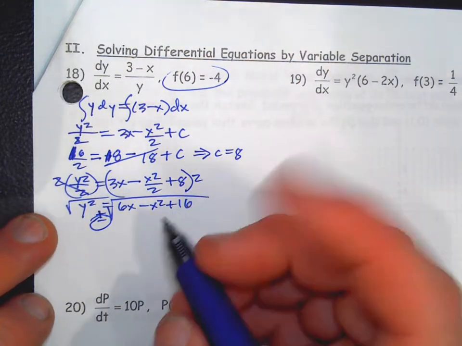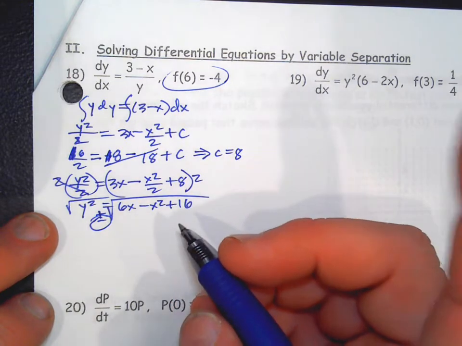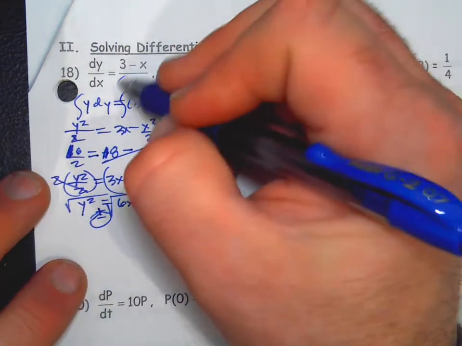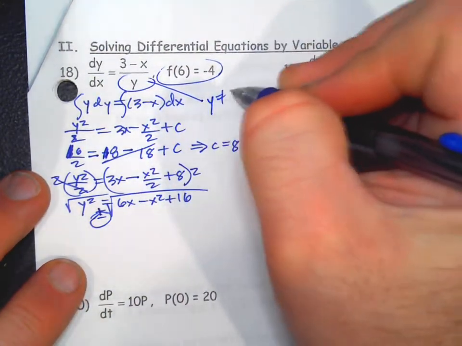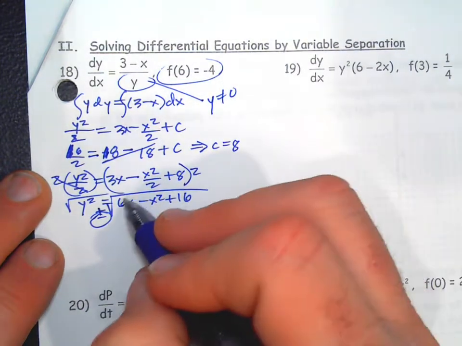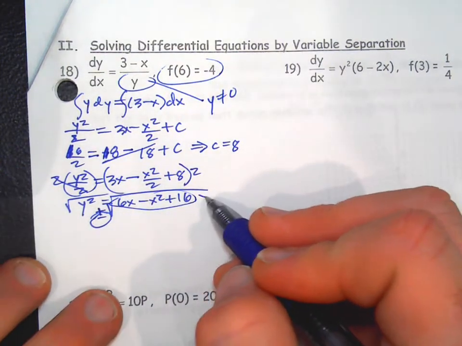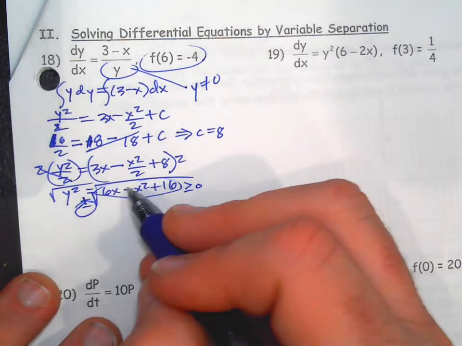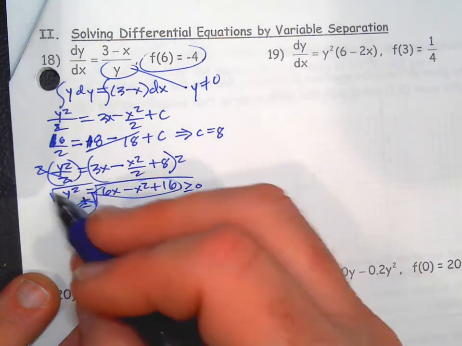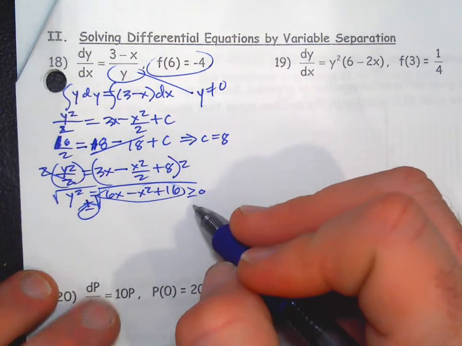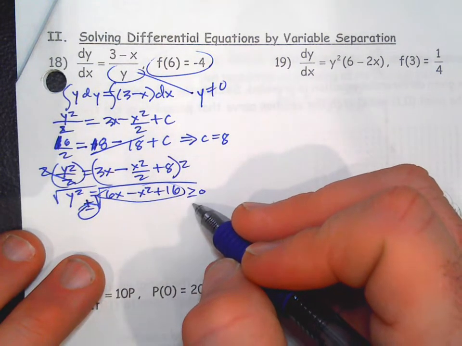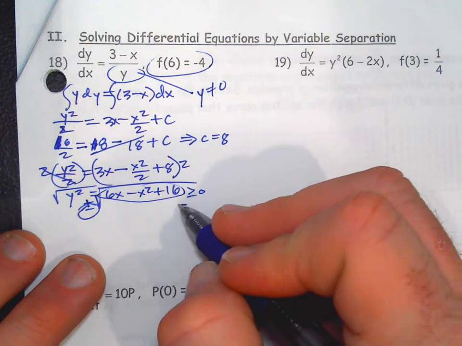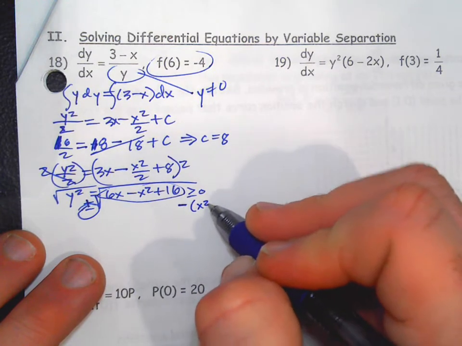Okay? Now, we got to figure out the domain. There's an issue right here that says that the y can't be 0. But there's also the issue here that the inside of this has to be greater than or equal to 0. Well, that's the same thing as the inside of this mean equals 0 is the same as y equals 0, right? Because that's y. So we got to solve this. I would factor a negative out and put the x squared first.